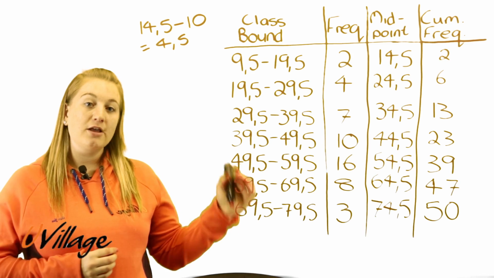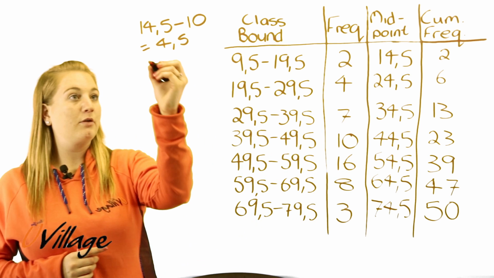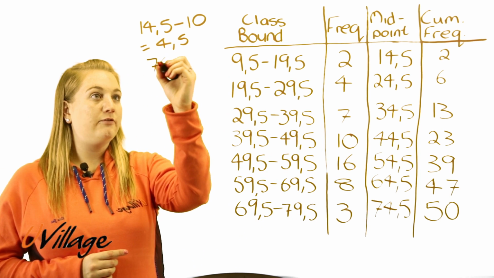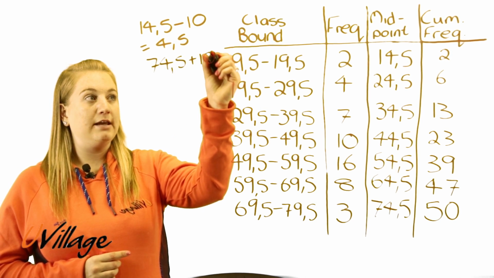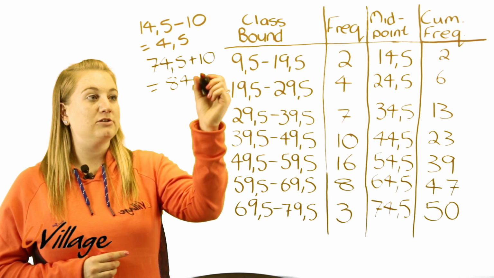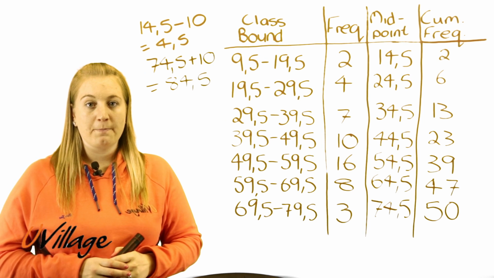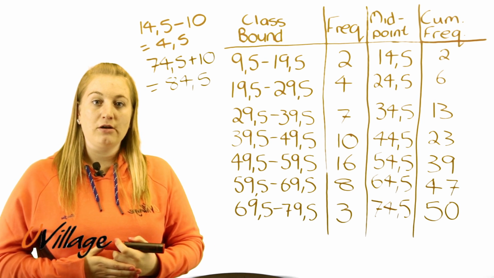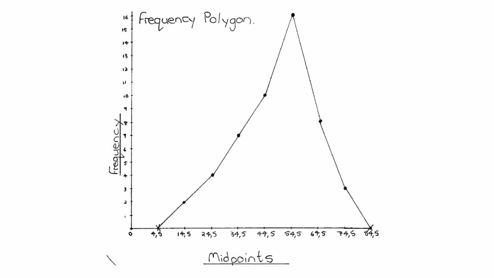Then to find the very last anchor point, we have to take the last class midpoint of 74.5. Now add a class width of 10, and we will get that our frequency polygon will be anchored to the x-axis at a value of 84.5. The resulting frequency polygon for this example would be as follows.